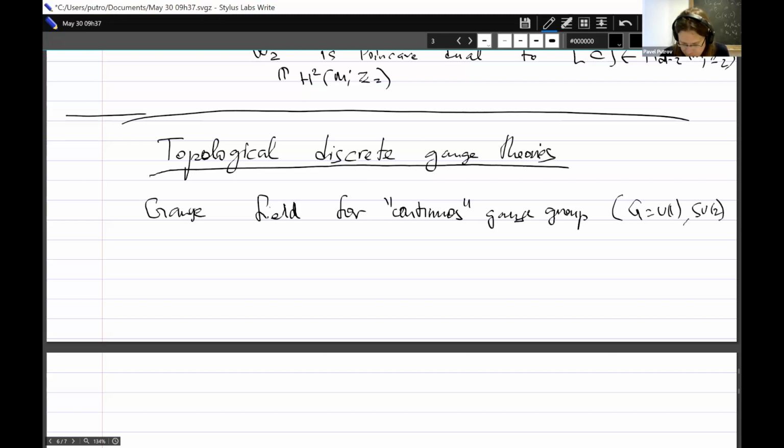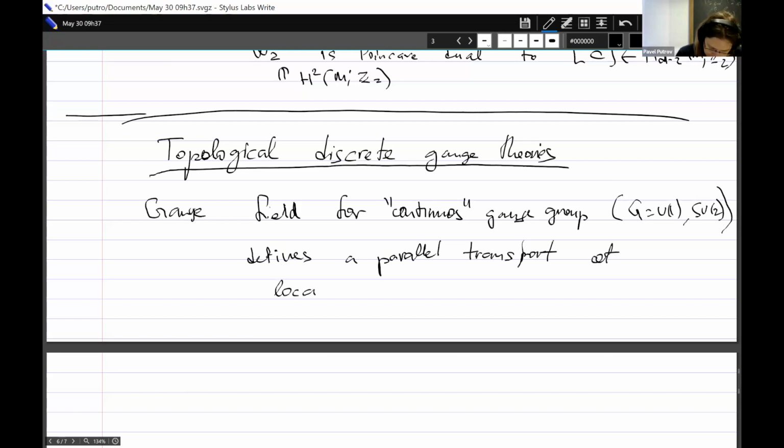A standard example is something like U(1) for Maxwell theory, or SU(2) or SU(3) for Yang-Mills theory. And so this gauge field can be understood as something which defines parallel transport of local operators, or fields φ.